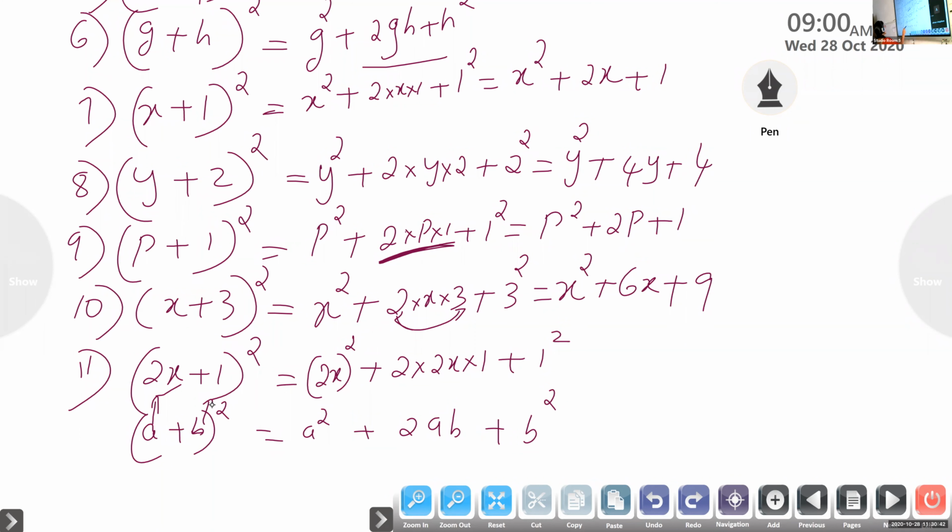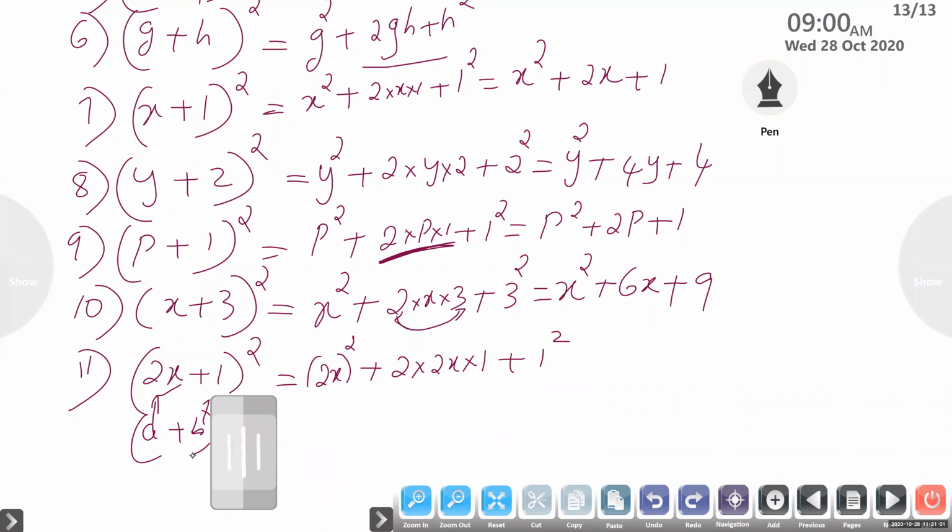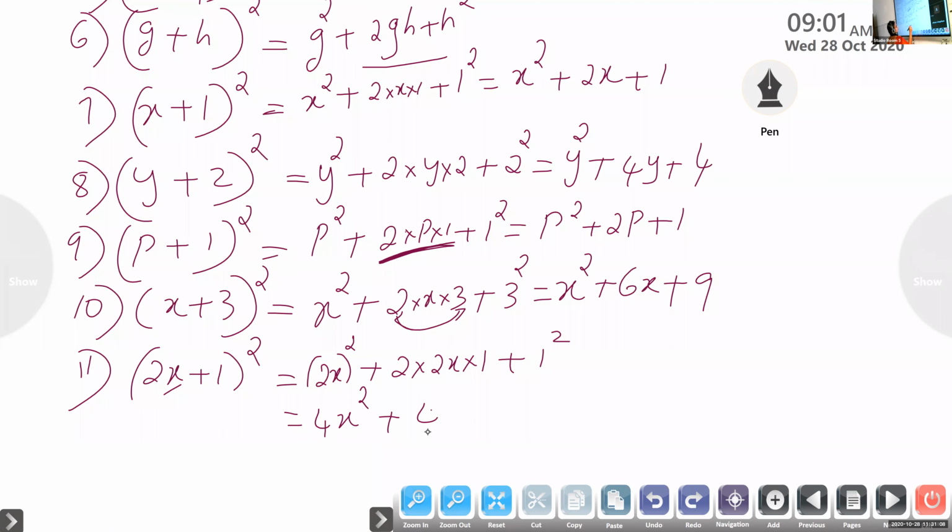So 2x the whole square is 4x square, plus 2 into 2x into 1, 4x, plus 1.